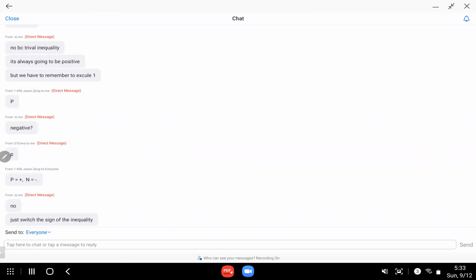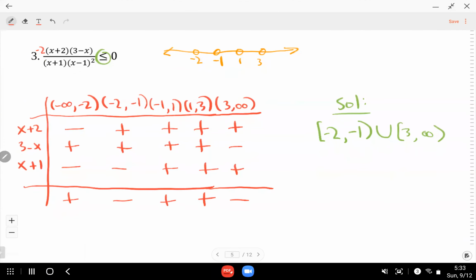No, just switch the sign of the inequality. All right, yes, you could do that. But I think it's easier... actually, your way is quite easy as well, but you could also add it as a factor because it's always negative, right? Negative, negative, negative, negative, negative.